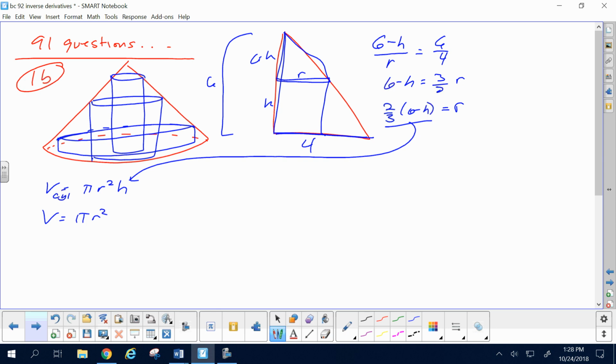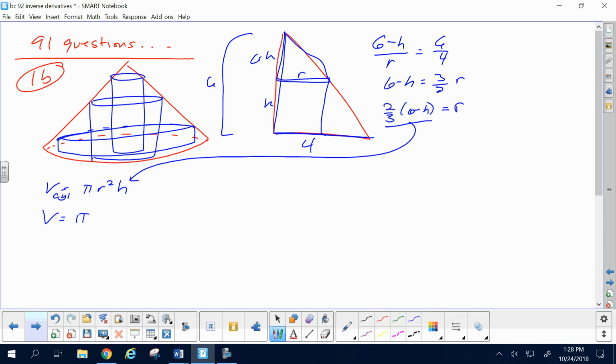That's just a fundamental truth of calc, especially important in multivariate. If you can get it to 2 variables, get it to 2. You can't always, but in this case you can. So I'm plugging in 2/3 (6 minus h) for r.